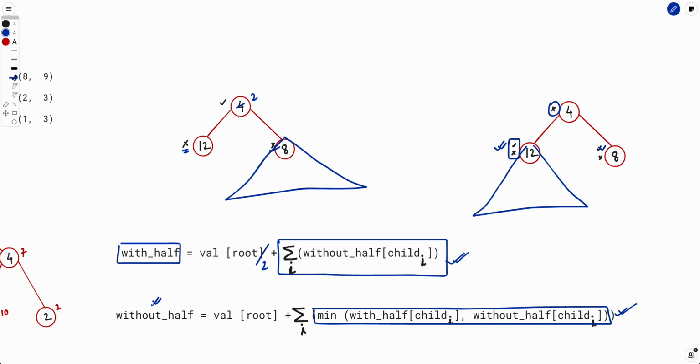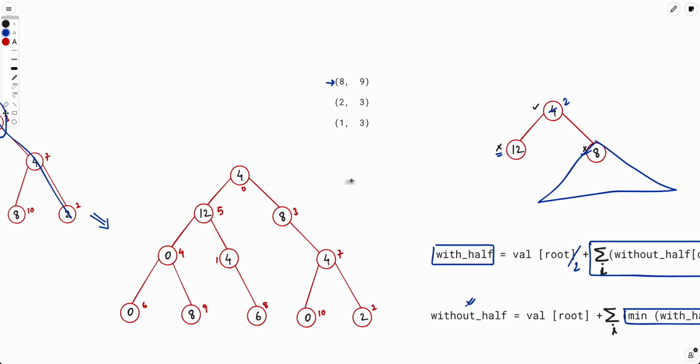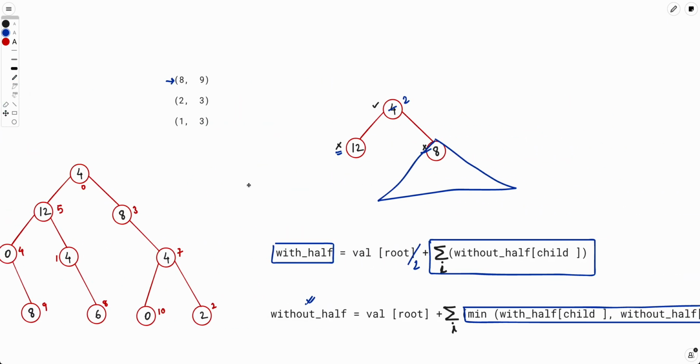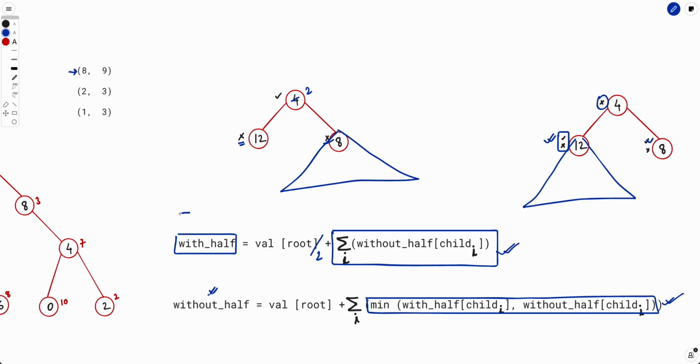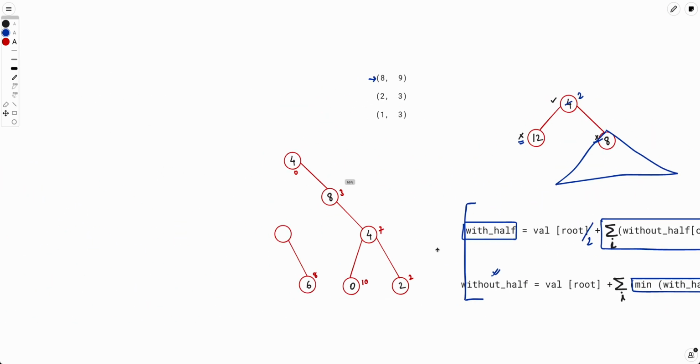So each of the nodes would have its own decision whether to have it or not. If you have it, for all the children nodes, you have to take those values where you haven't halved them. If you don't have it, you are free to choose the halved one or the not halved one for all its children, right?